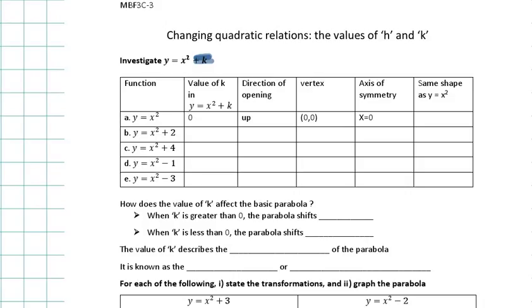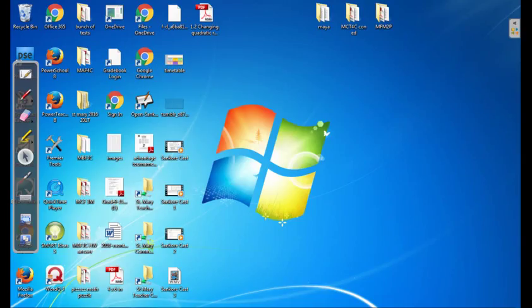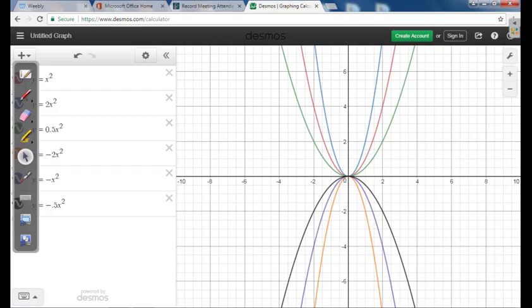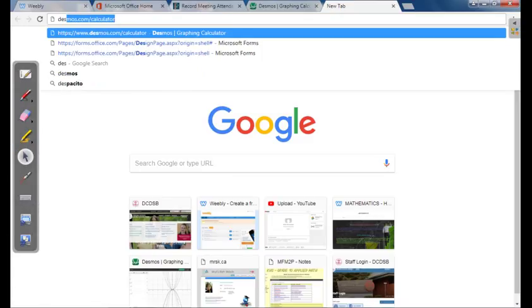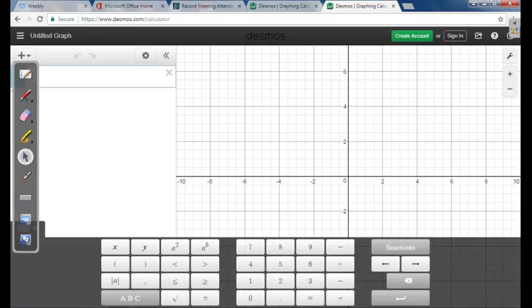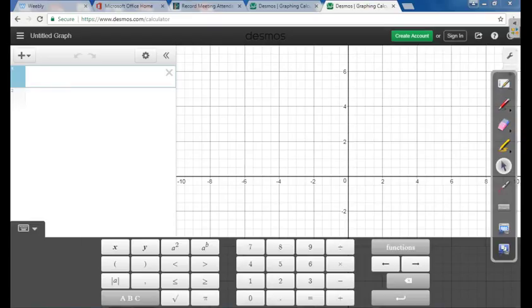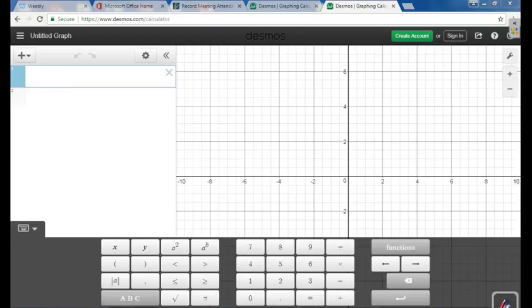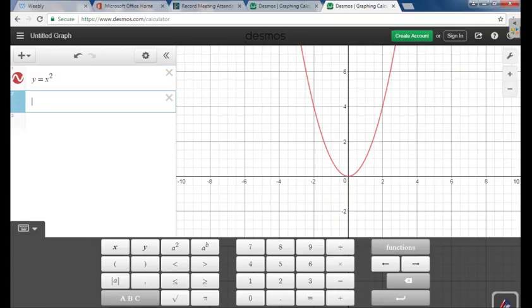You guys can go on your Desmos as well. As usual, I'm going to start with x squared because we always have to compare to that. And then what was the next one I have to write? y equals x squared plus 2.